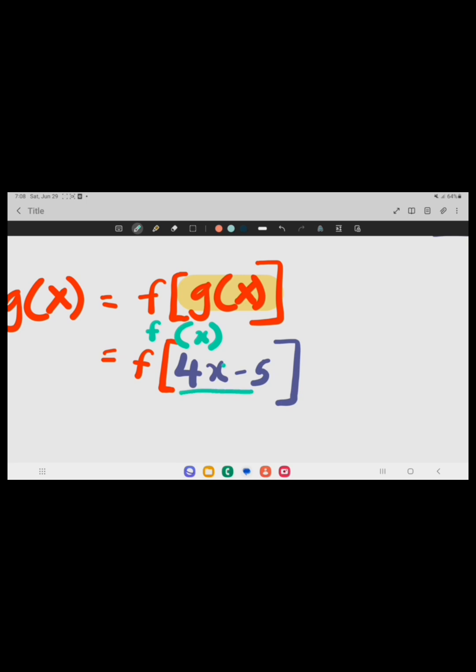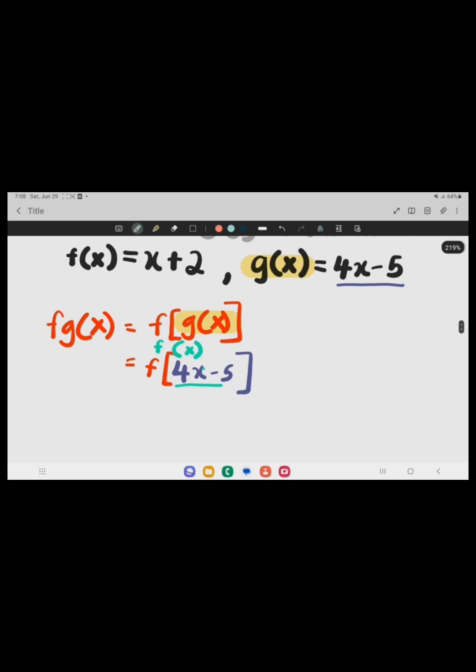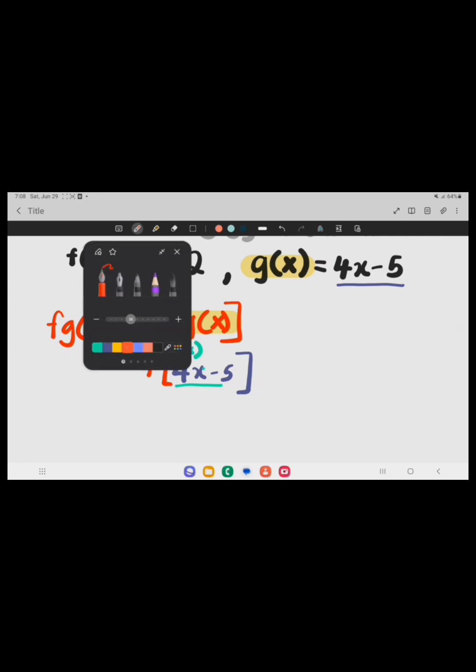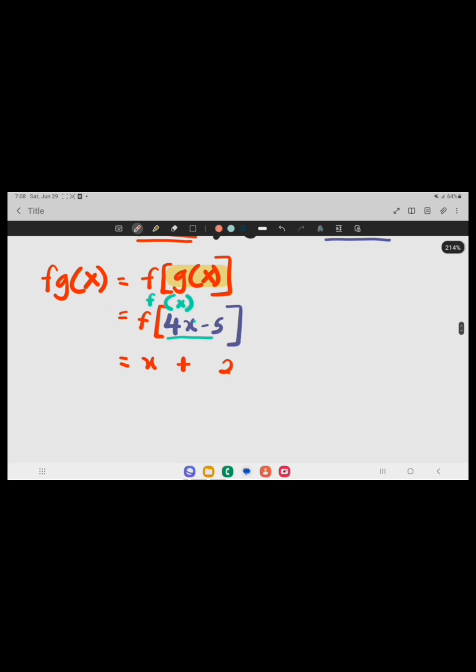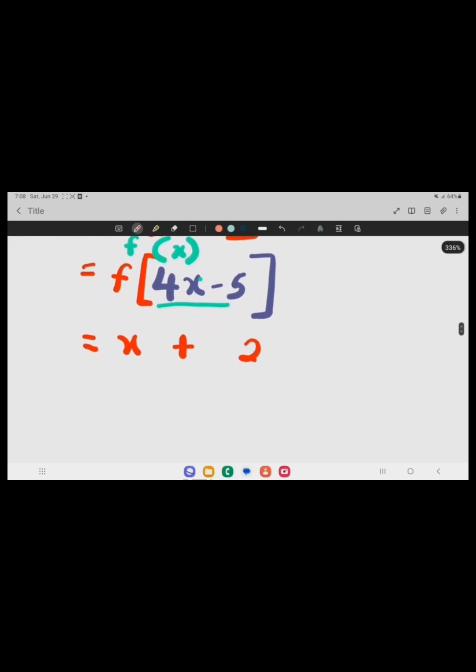So the first thing, you write back the function of f(x). From the question you know that f(x) is x plus 2, right? But is this correct? No, it is incorrect. Why? Because they don't want to find f(x), they want to find f(4x minus 5).